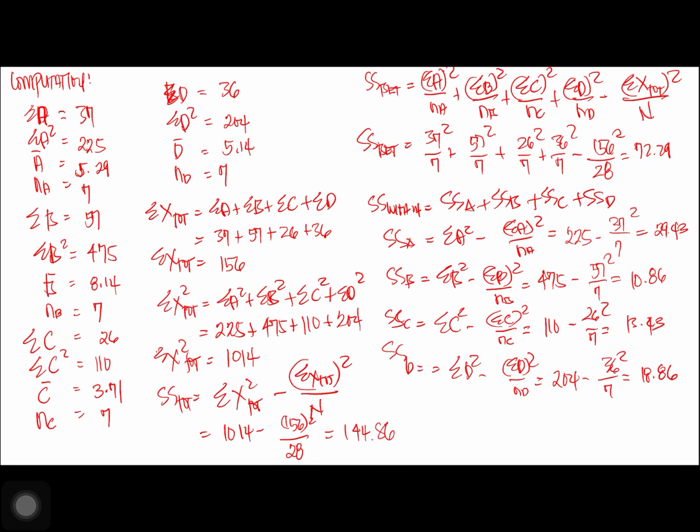That is equal to 18.86. Okay? Then, we can now get the sum. Okay? So, we have their SS within is equal to the sum of SSA plus SSB plus SSC plus SSD. Or SS within is equal to 72.58. Okay? So, next is we can now make our table.